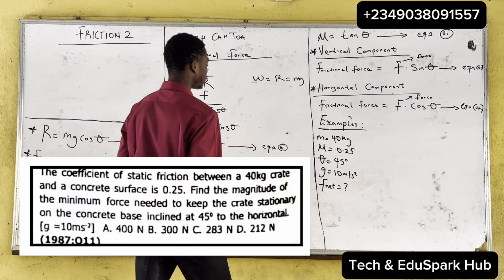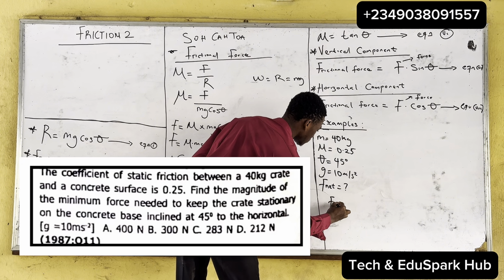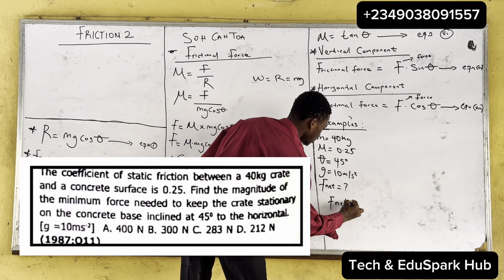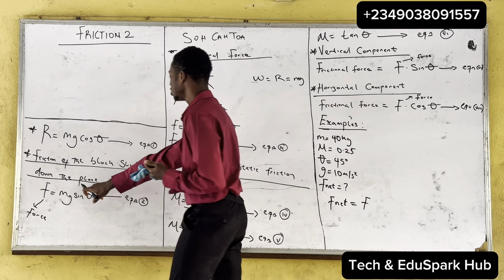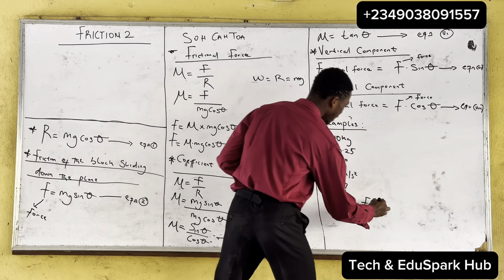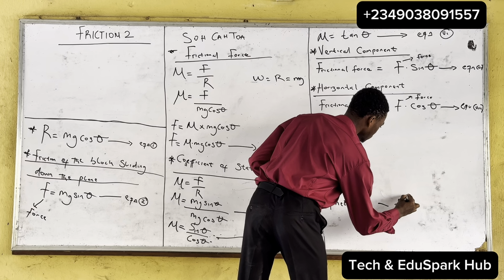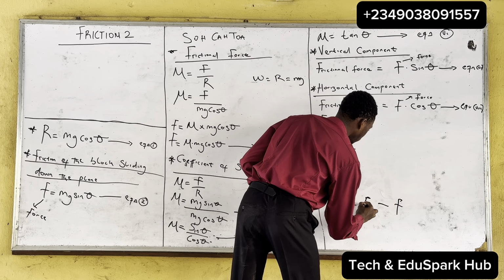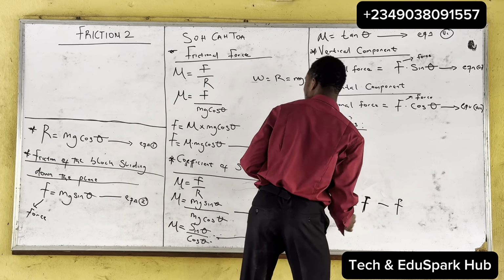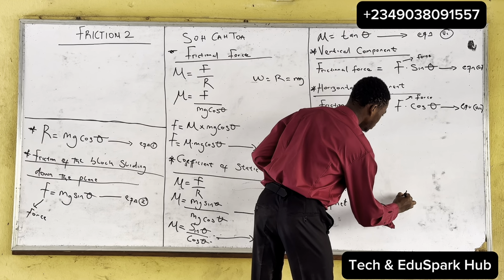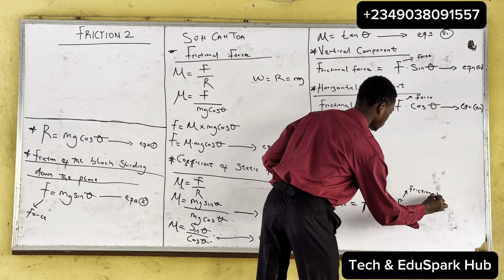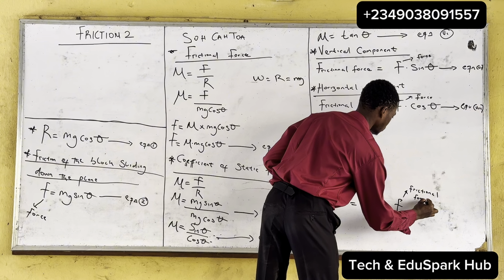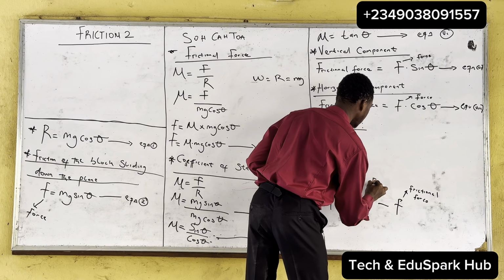So the formula for the net force is given as F net is equal to the force that is required for the object to slide down the plane minus the frictional force. So this is our frictional force, and this is just the force to keep it sliding.